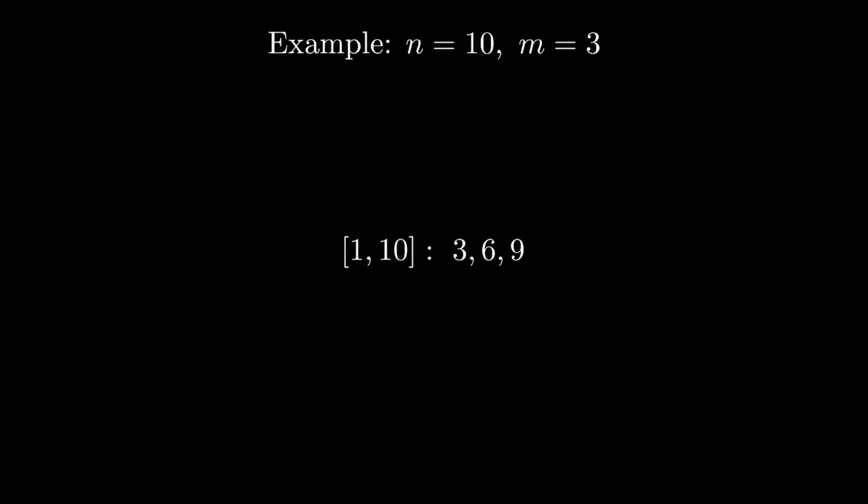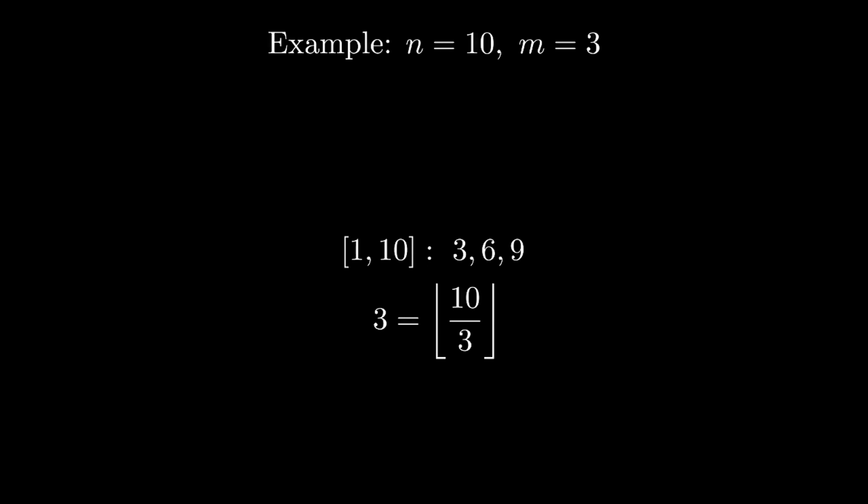Notice that there are 3 elements that we have to add up, so 3 target numbers. And also notice that 10 divided by 3, if you take the floor of that, you get 3, which is precisely the amount of elements that we have in the list that we need to add up.